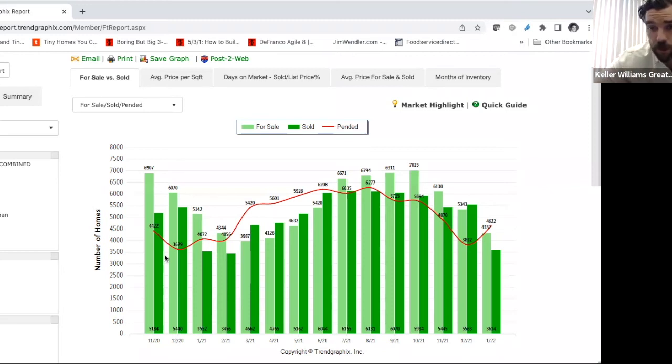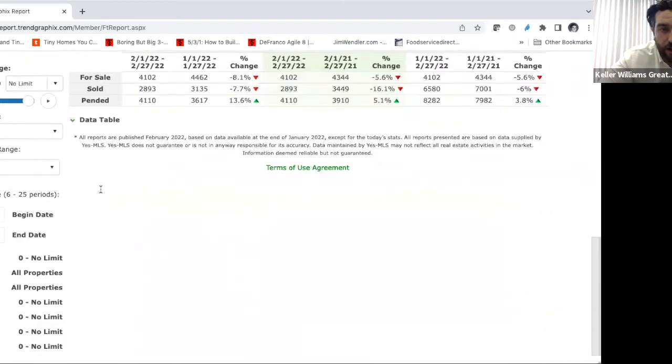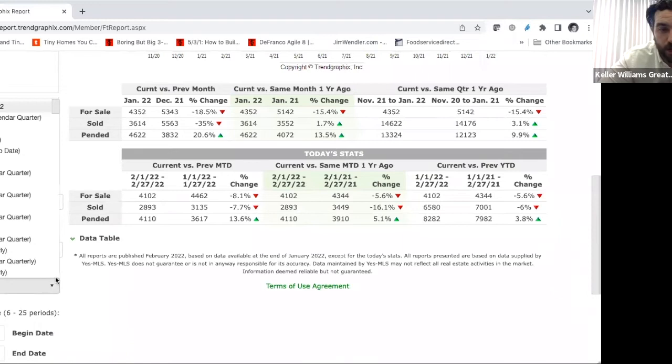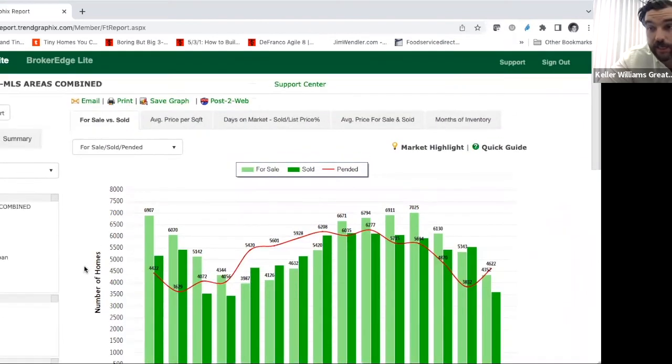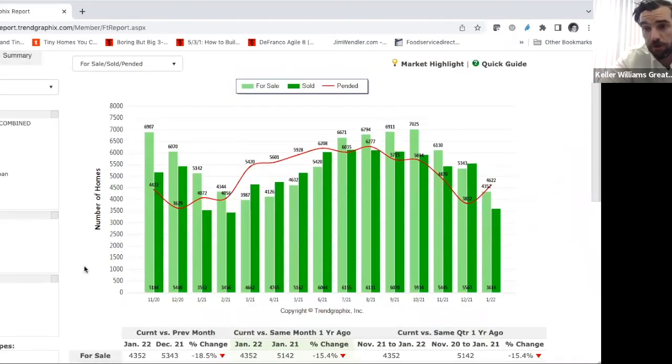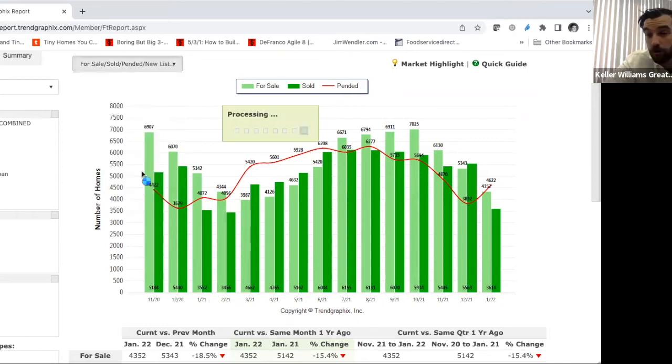And so if you get an opportunity to go list something in an area that you've never done before, or help somebody buy in an area you've never bought in before, you can very quickly get yourself in a position where you understand at least the last 15, 24, 36 months of a market, and can say what they can expect to find, and just know what you're getting yourself into.